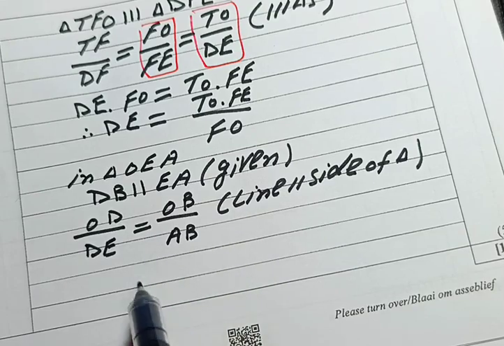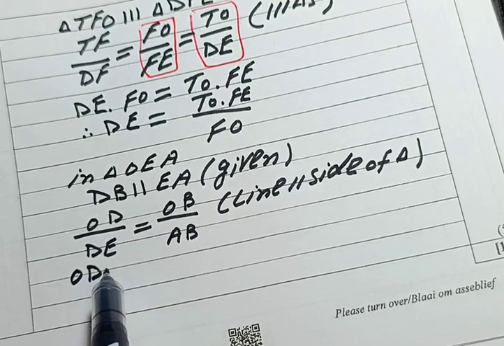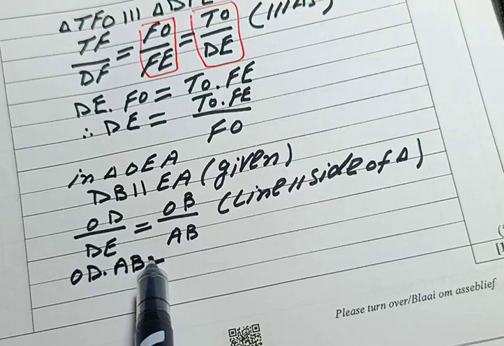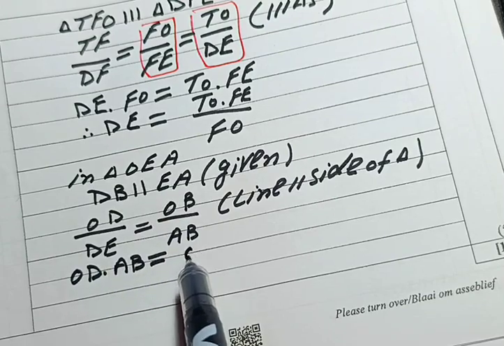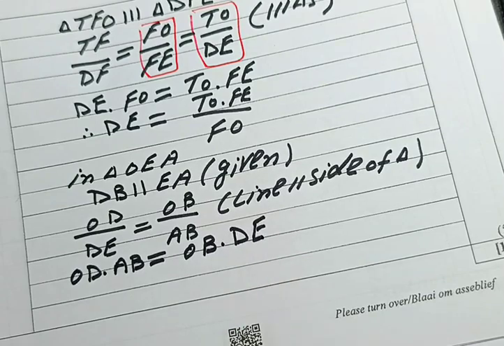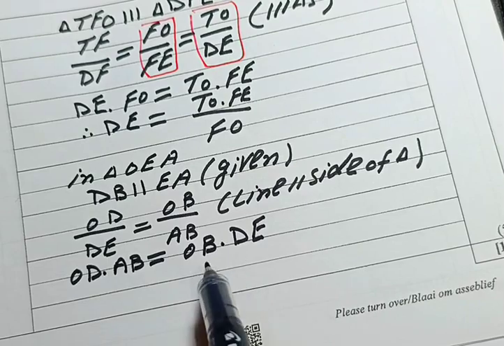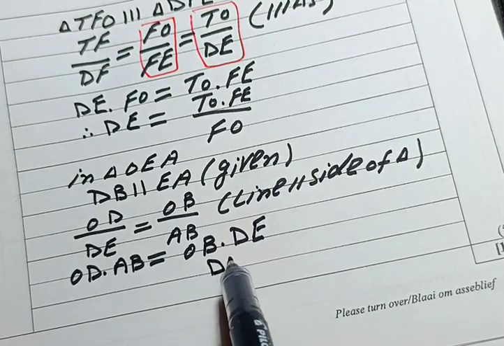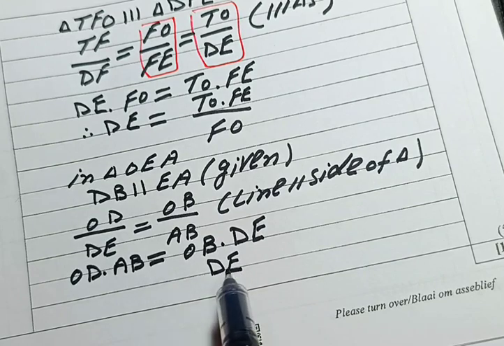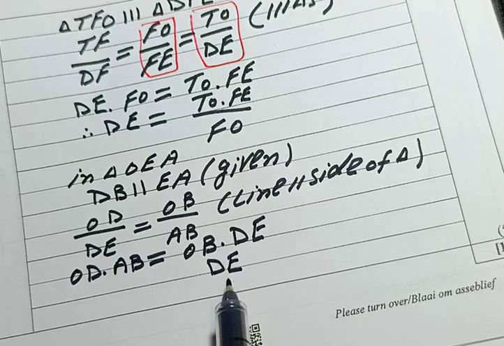Now cross multiply, because we do need AB. So OD multiply AB is going to be equal to OB multiply DE or ED, same thing. We need DE actually. We need to isolate the DE. So the DE I can isolate because AB must be at the bottom. We already found the DE earlier, so I can get the DE also from here.